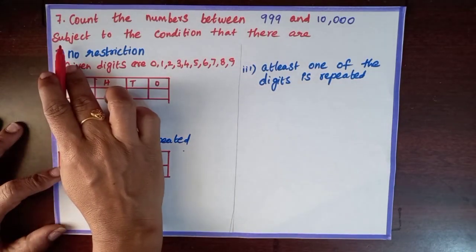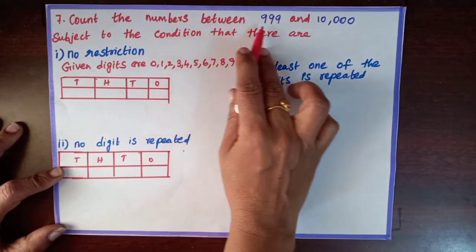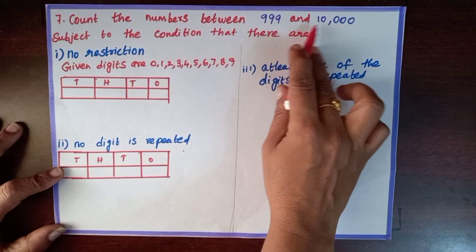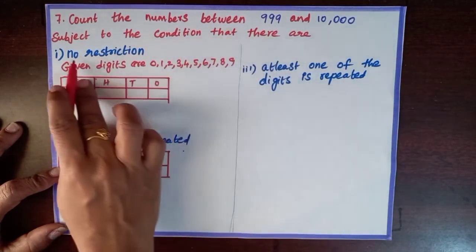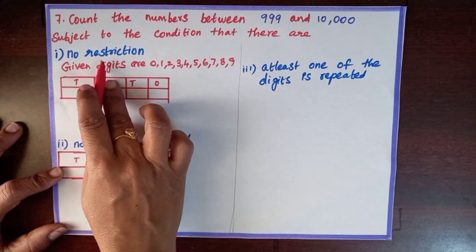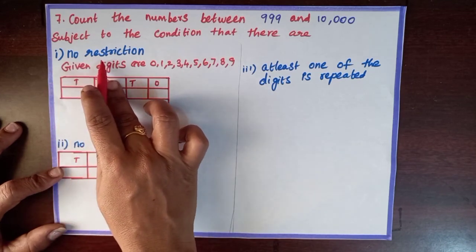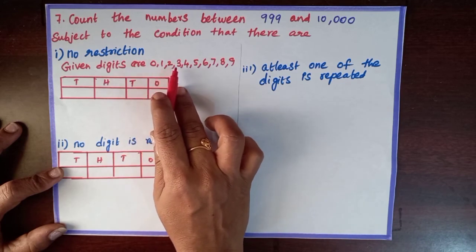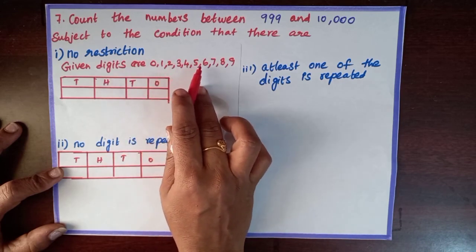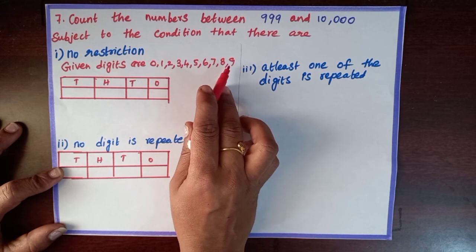Question number 7. Count the numbers between 999 and 10,000 subject to the condition that there are, first one, no restriction. Okay. Given digits are 0, 1, 2, 3, 4, 5, 6, 7, 8, 9.